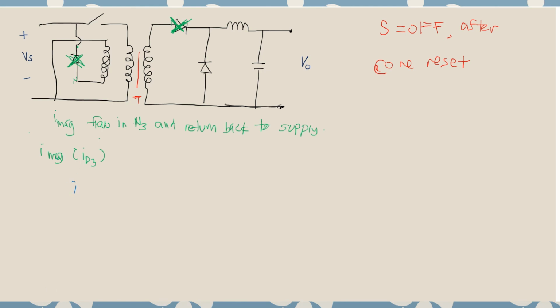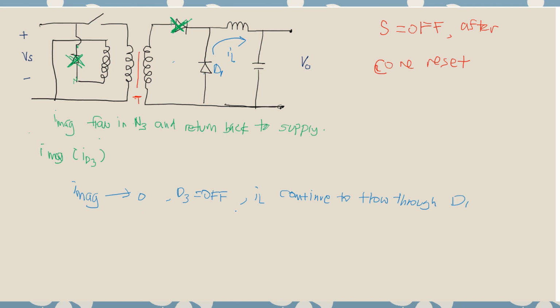So the core reset will happen until the IMAG reaches 0. When this happens, D3 is off and IL continues to flow through D1. Here is D1, so it keeps on flowing.